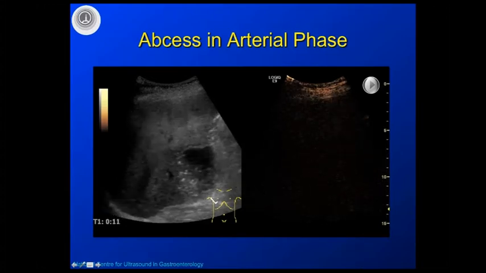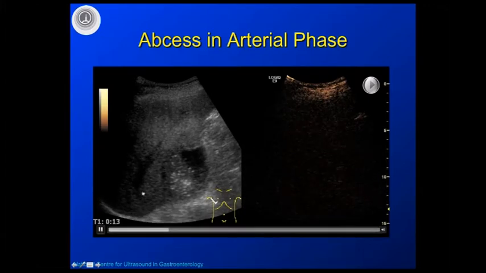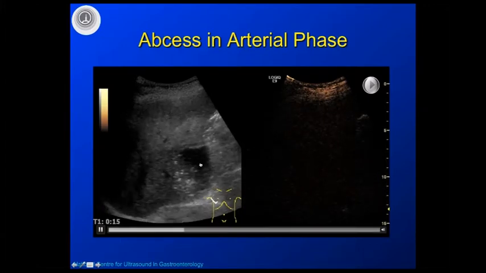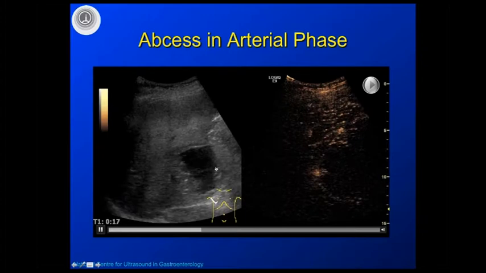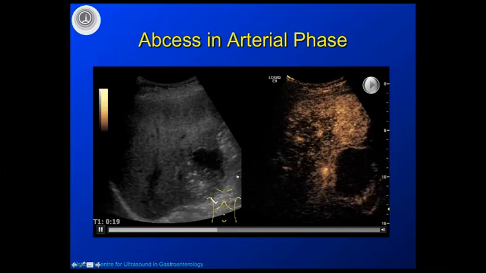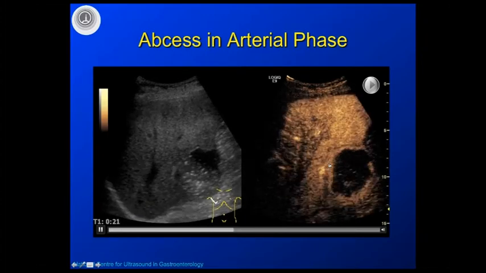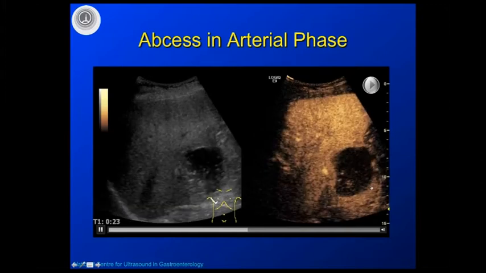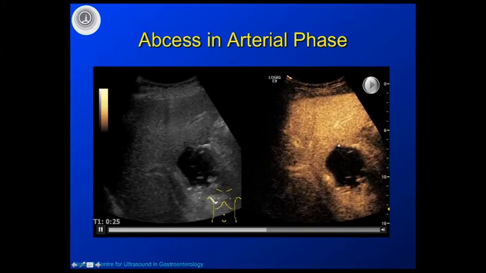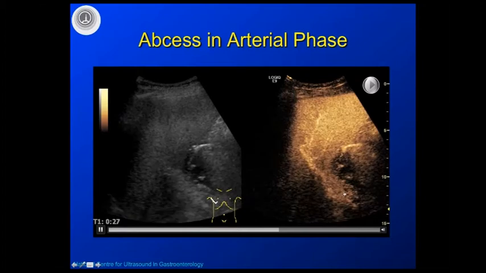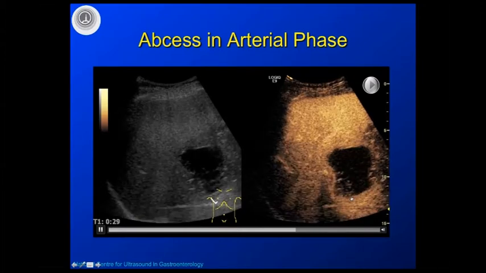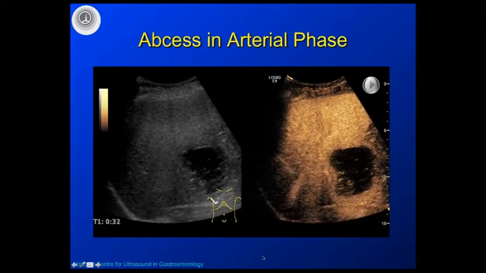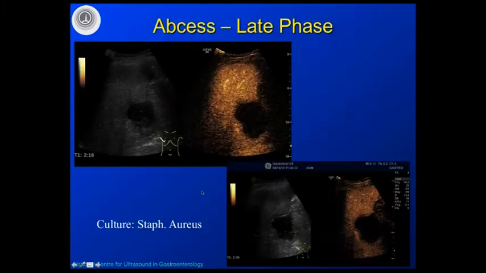And the classical pattern is that you should have no central enhancement but peripheral enhancement where the active inflammation is taking place, and the zone of inflammation is highly active. So typically, as seen in this case, and we also confirm that with the late phase scanning, and in this patient it was culture positive for Staphylococcus aureus.